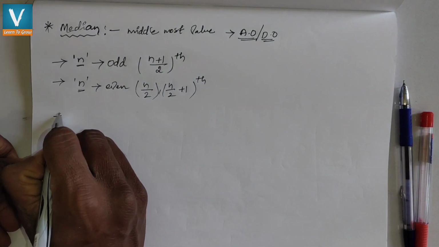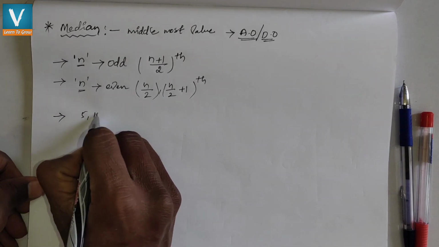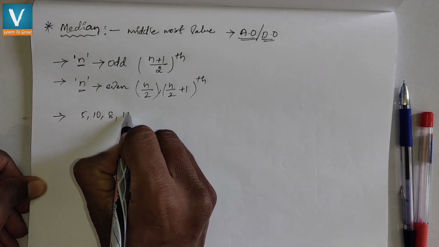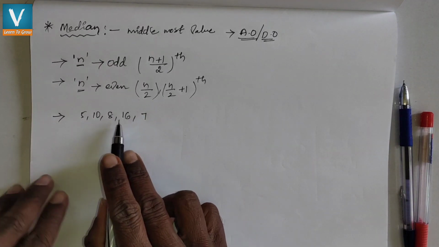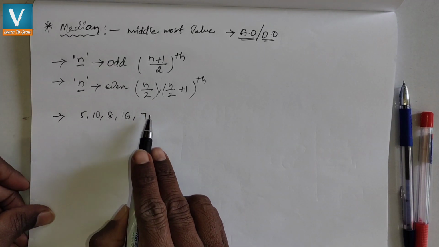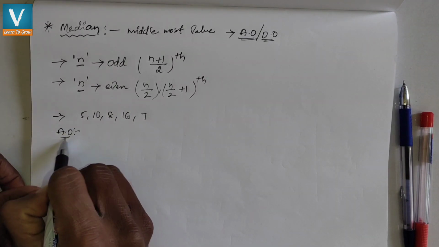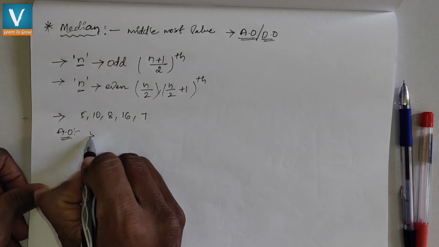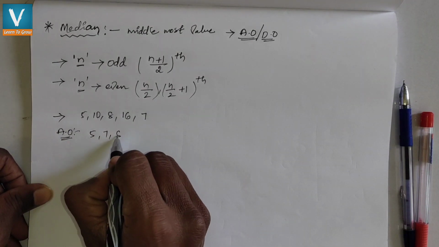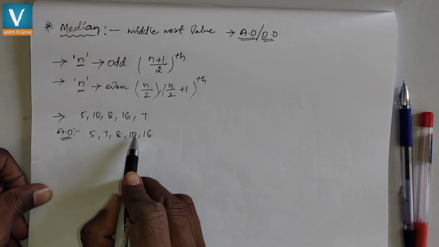I'm taking an example, suppose the data is 5, 10, 8, 16, 7. Find the median for this data. First we have to arrange the given data in order, here ascending order, small numbers to big numbers. So 5, 7, 8, 10 and 16. Now count: 1, 2, 3, 4, 5.